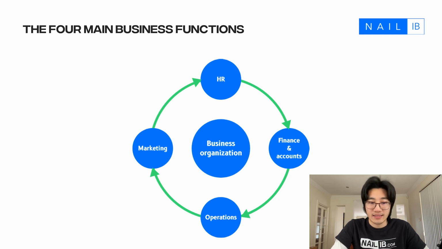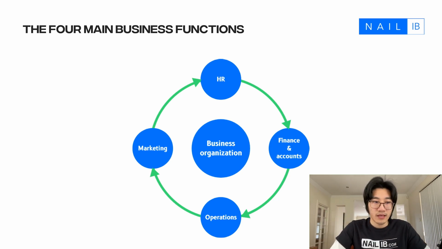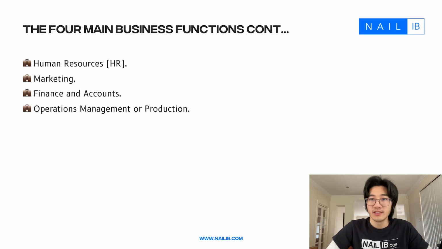Then you will have finance and accounts, an operations department, and a marketing department. And each of them work in isolation, but they communicate with one another to make sure that things operate smoothly for the business as a whole. And so to reiterate, your 4 main business functions are your human resources, your marketing, your finance and accounts, and your operations management, or in some cases we call production.